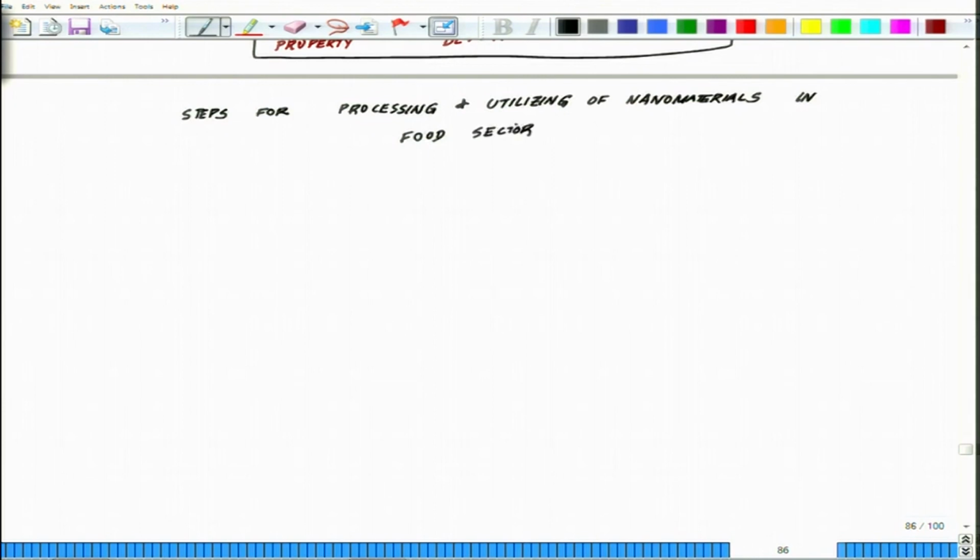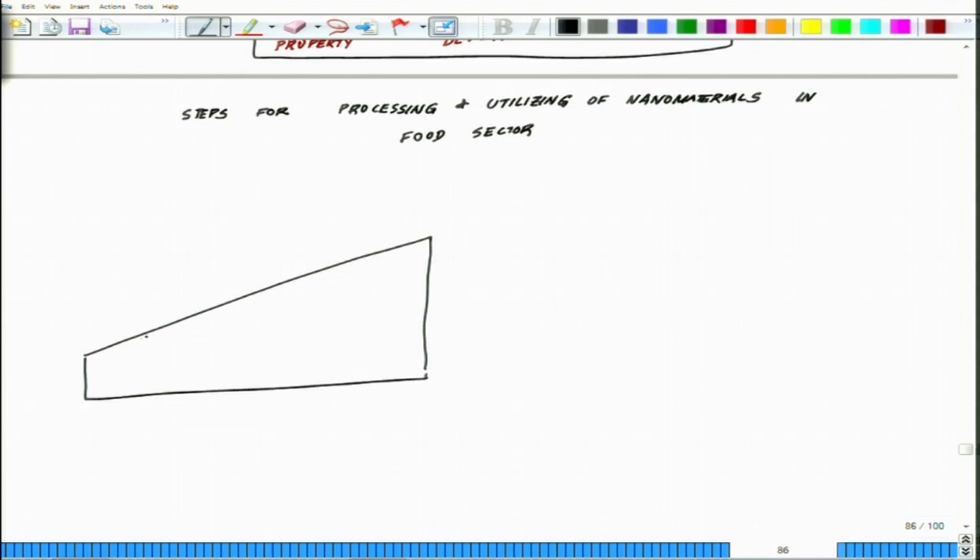Okay. So to start off, this is how the flow chart will grow, to give you an idea. Nanomaterials, desired nanomaterials, okay.